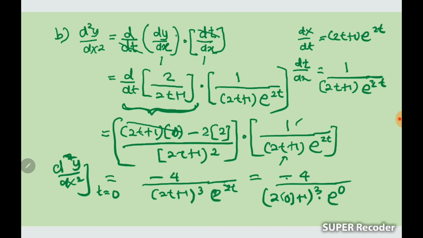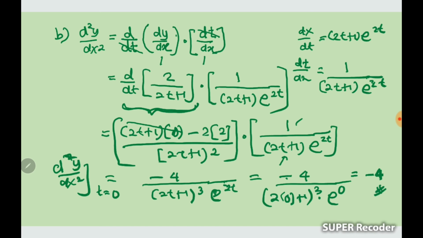Okay, so simplify, you will get the answer negative 4, because the denominator will become 1 here. So the final answer is negative 4.